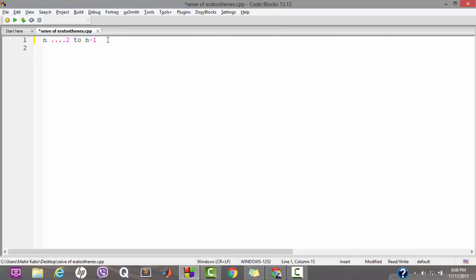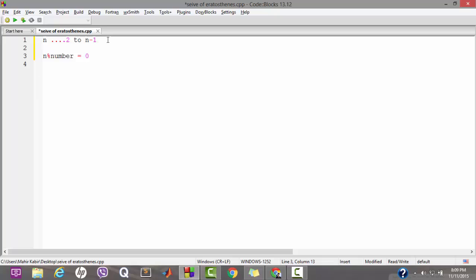That means if there is any number such that n mod that number is equal to 0, then we call n a non-prime number. And if there is no such number, then n is a prime number.